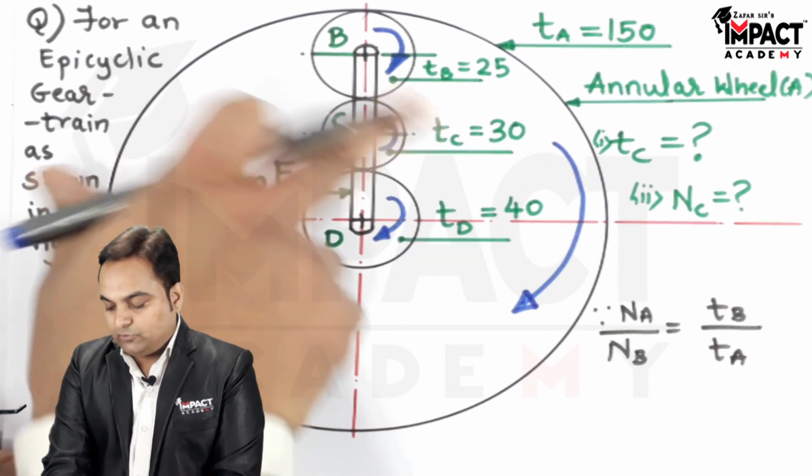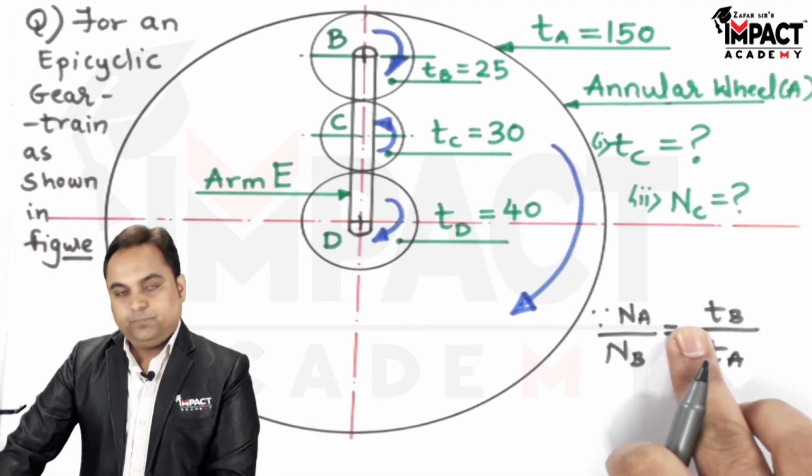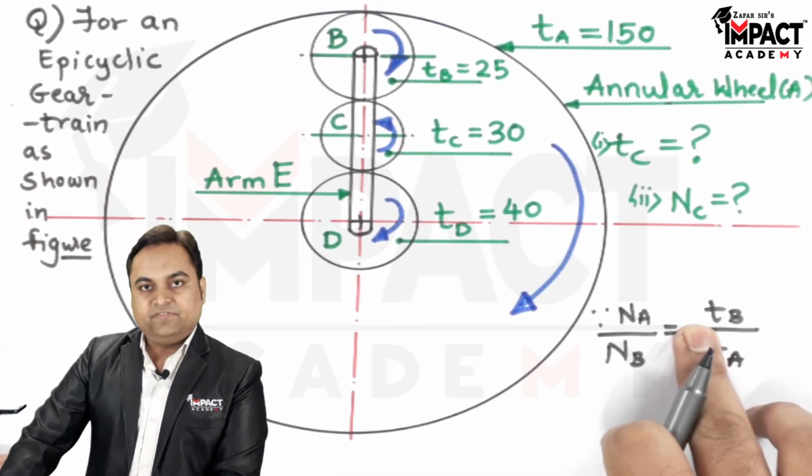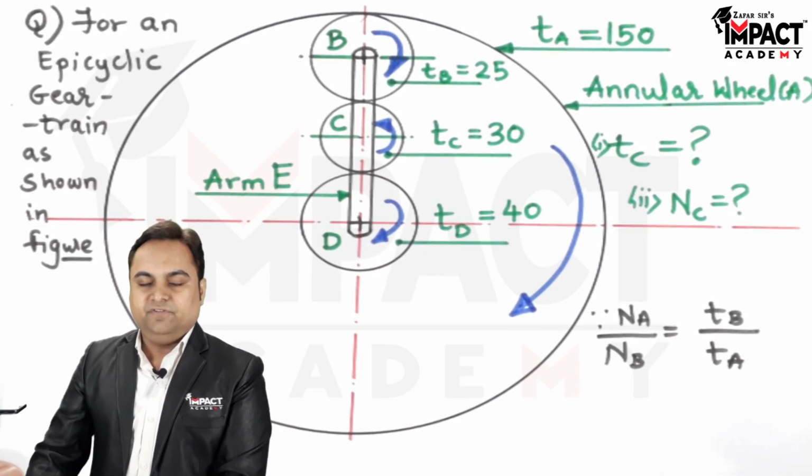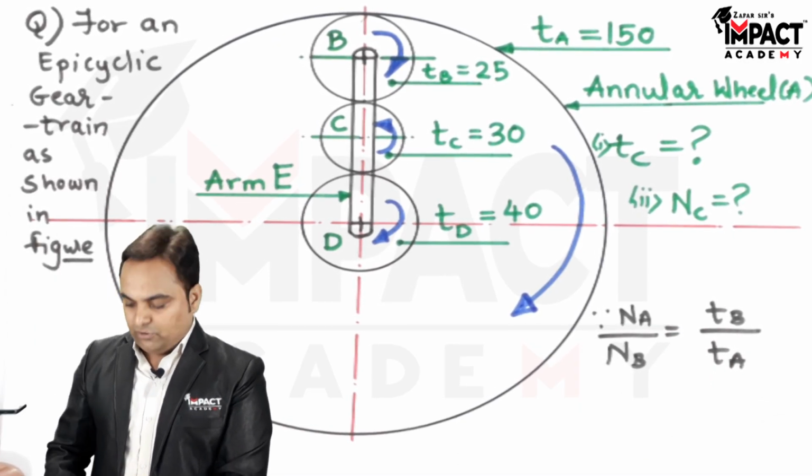Since the direction of rotation is the same, we have to put it positive, that is, no need to add a negative sign here. A negative sign would be added only in case of external gears, as we have seen, because of the opposite nature of rotation.